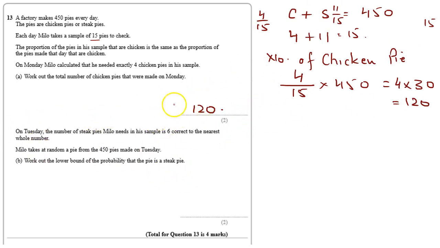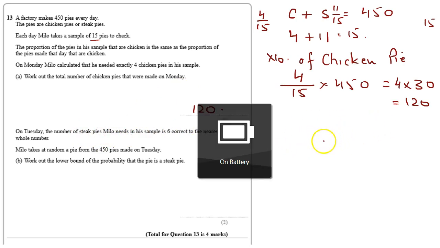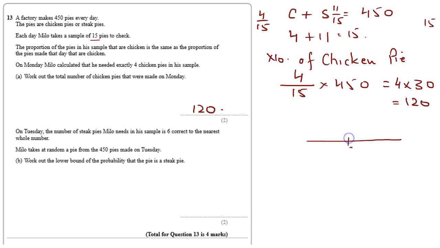On Tuesday, the number of steak pies Milo needs in his sample is 6. Correct to the nearest whole number. Now it is 6. So it means it can be 5.5 and it can be 6.5. Now Milo takes random a pie from 450 pies made on Tuesday. Work out the lower bound of the probability.